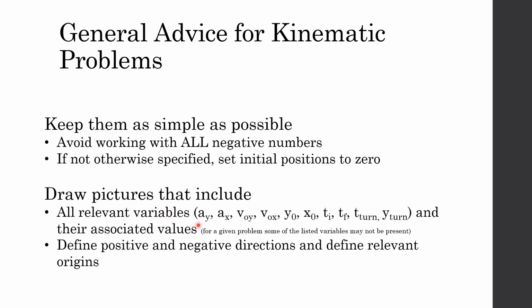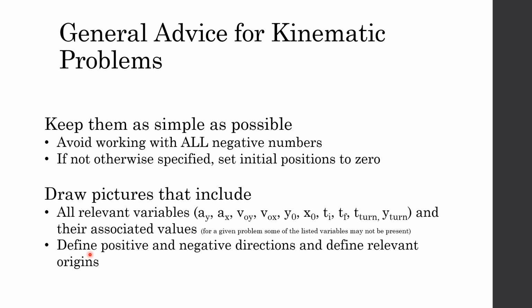And so this really helps you keep track of your signs. If you report what all your relevant variables are and what their associated values are, it really helps you keep the signs straight. And that's honestly the place that most students go wrong, is they mix up the signs. If you draw a picture, that'll really help you keep your work organized.